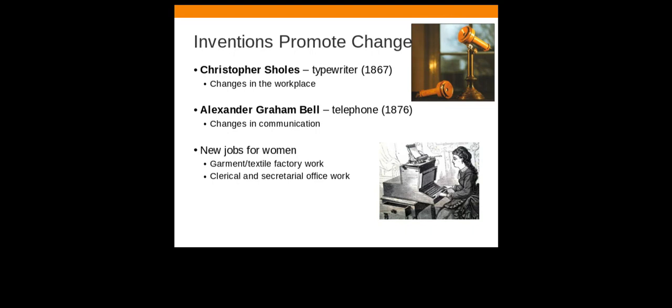It also is going to improve the standard of living for some workers. Having light in your factory makes a pretty big difference, makes it less dangerous. It creates new consumer markets. So new people are buying things that they never even knew existed before, that they never even knew that they needed.